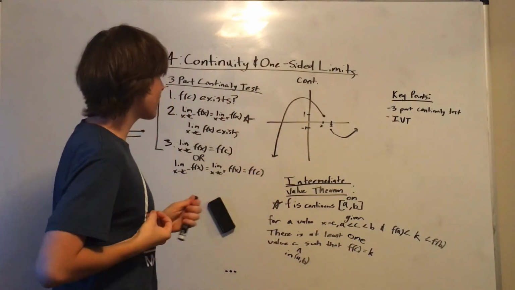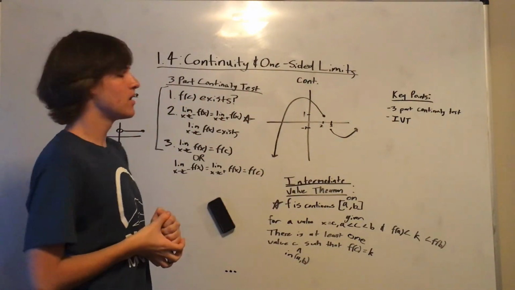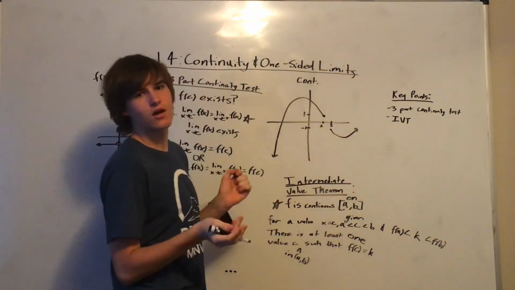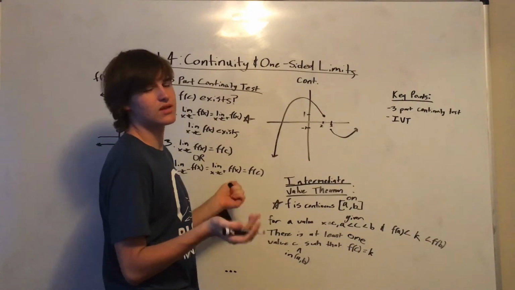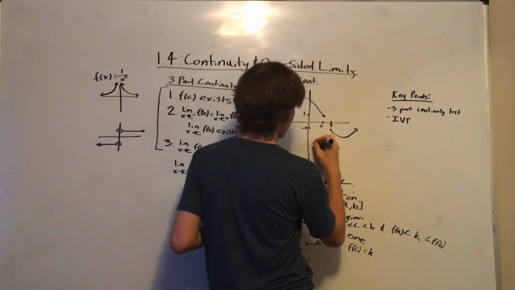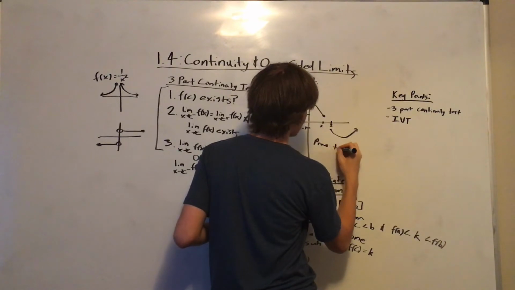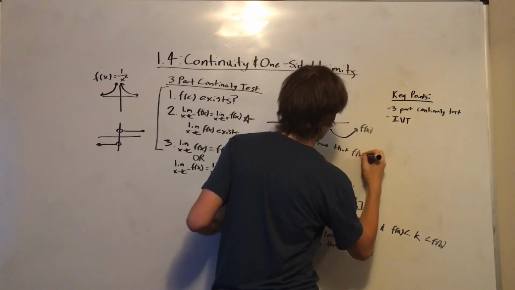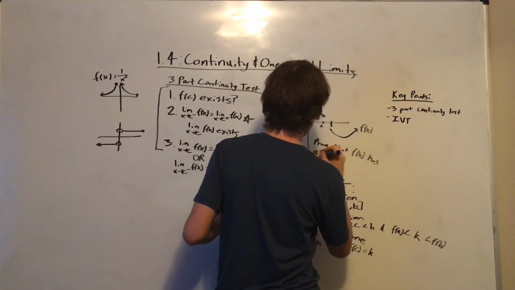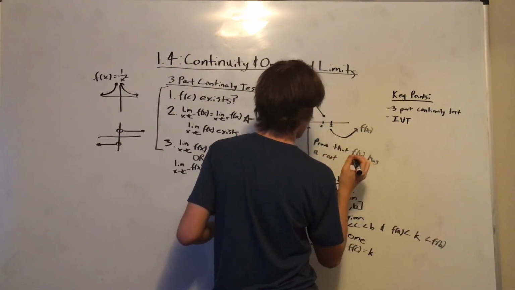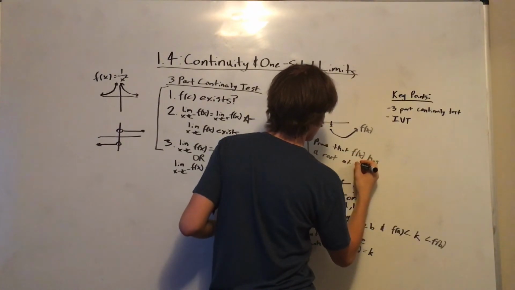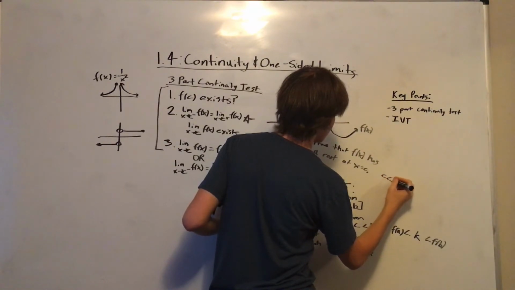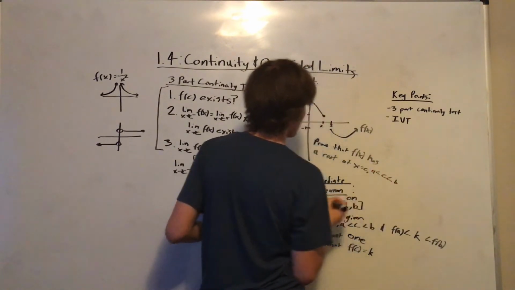So you could have a question on an exam or something that says, using the IVT, or they may not even be nice enough to say using the IVT, but prove that this function f of x has a root at x equals c, given that c is less than b is less than a or whatever.